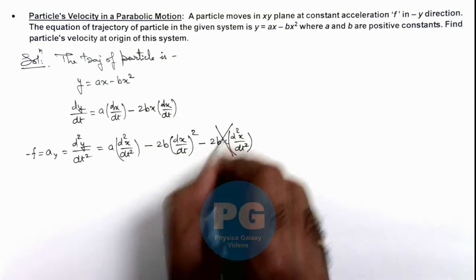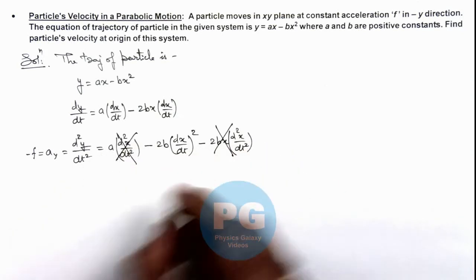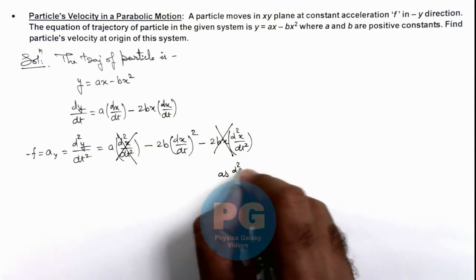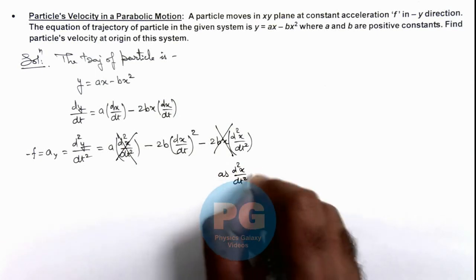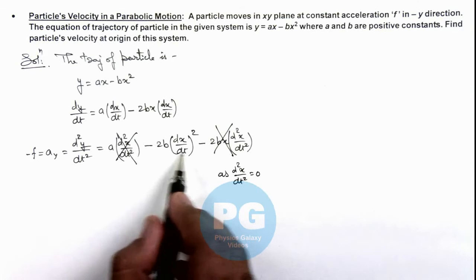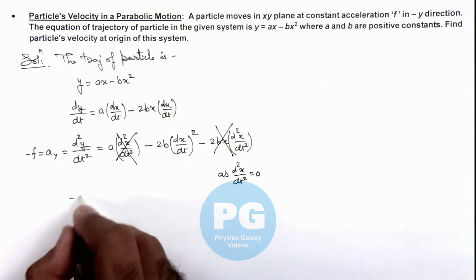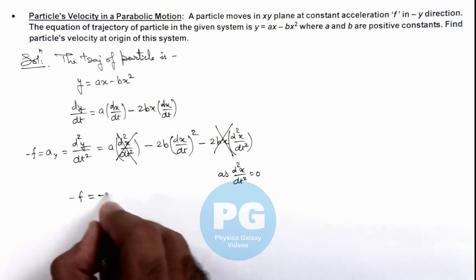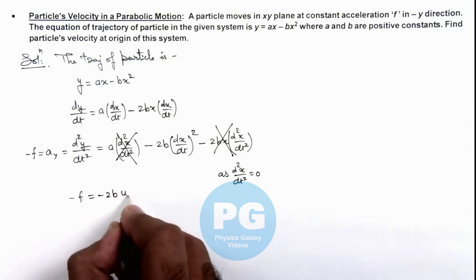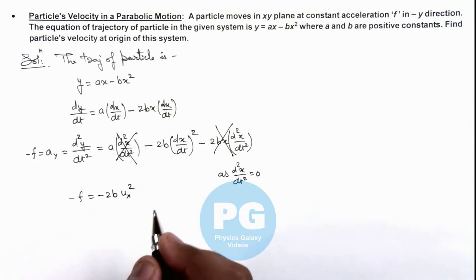Here these two terms we can ignore as d²x/dt² is equal to 0. And this is the velocity of the particle in the x direction. So here we can write minus f is equal to minus 2b times the velocity in the x direction squared.